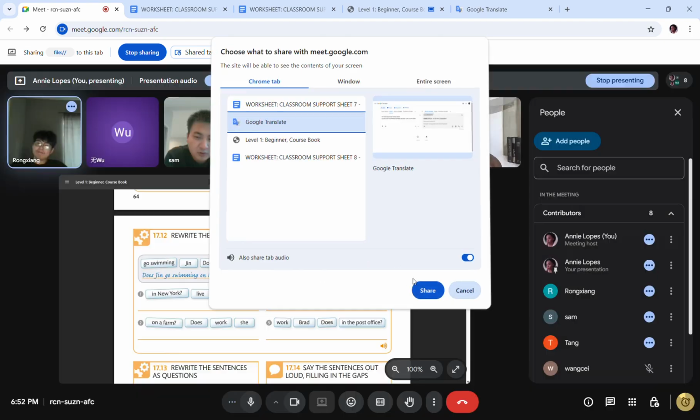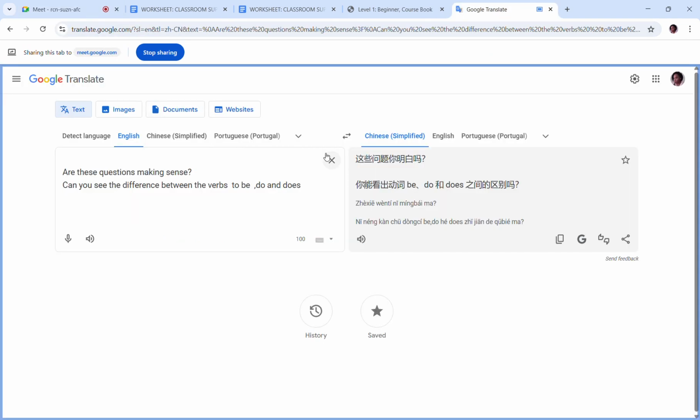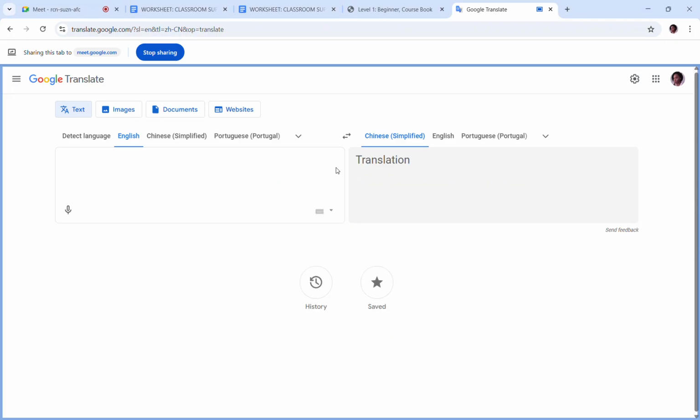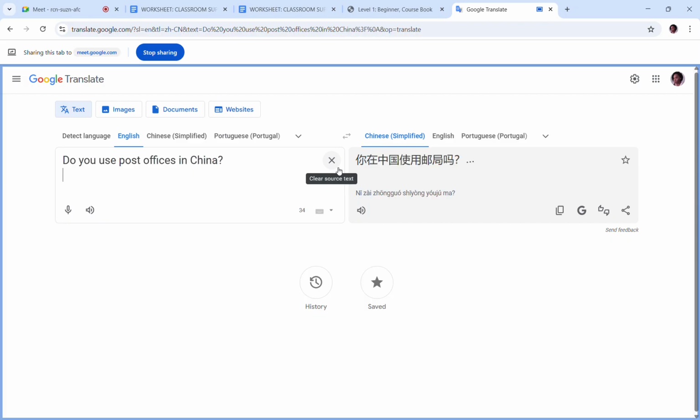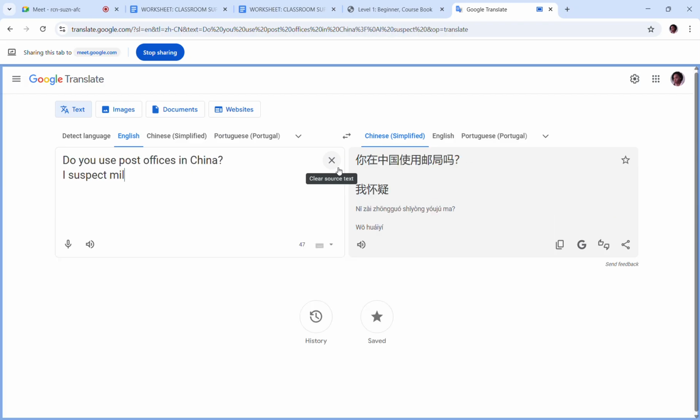Oh, I think yes. I think the millennials don't use post office. Do you use post offices in China? I suspect millennials do not use post office at all.